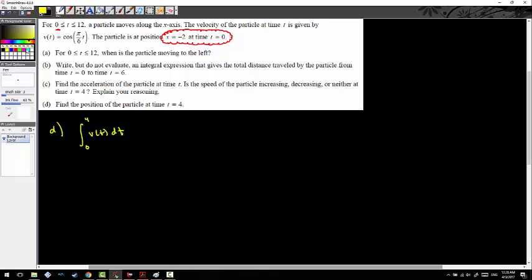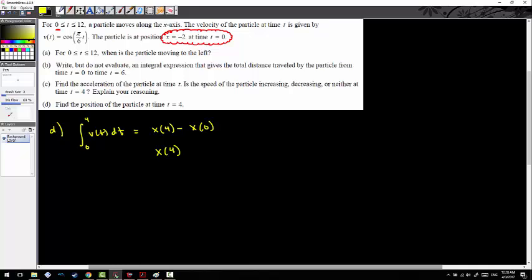So again, the 0 was chosen for this piece of information, not because this is when the interval started. If I integrate this straight up, what I get is x of 4 minus x of 0, the change in position, the position at time 4 minus the position at time 0. This is the first fundamental theorem of calculus. Well, what do I know about these things? I know that x of 4 is what we're solving for.